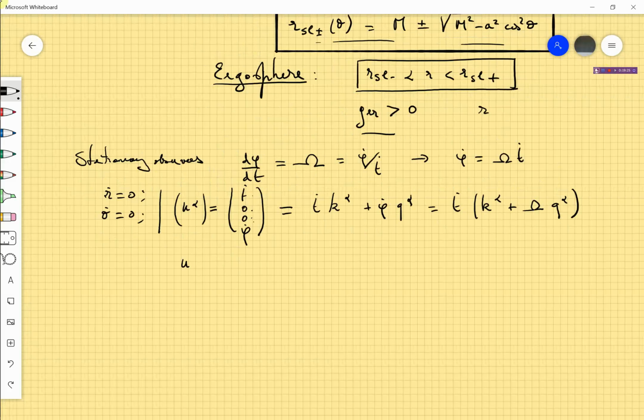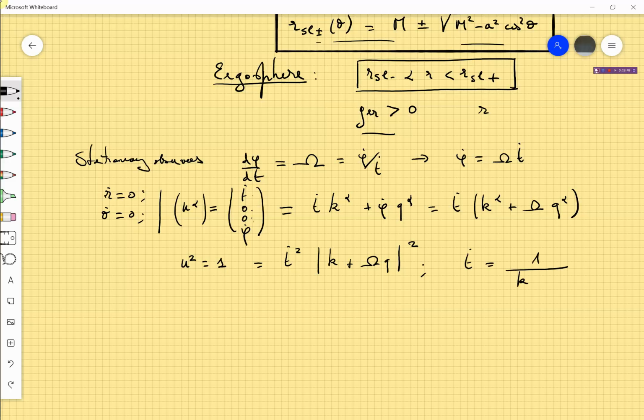Now we impose the normalization condition that u squared has to be 1, and then this will be t dot squared times the norm of this vector squared. So t dot will be 1 over the norm of k plus omega q.